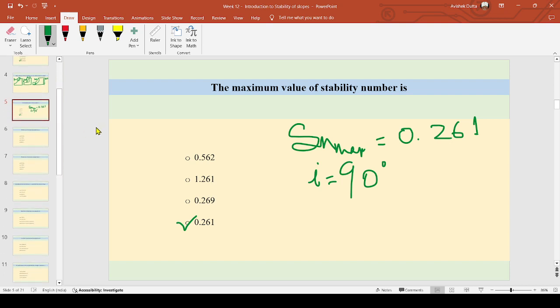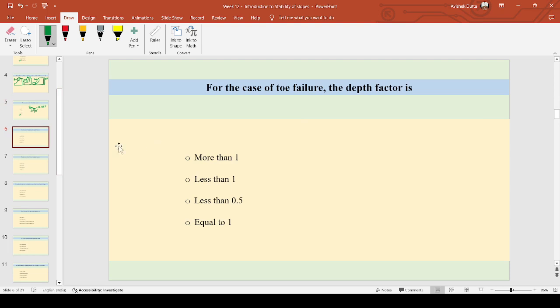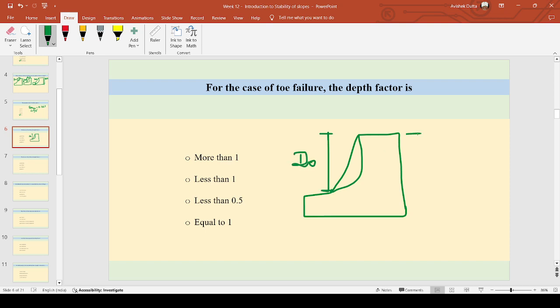I'll go to the next question. For the case of toe failure, the depth factor is. For toe failure, as I mentioned in the previous question, if the depth of failure is D0 and the height of the slope is H, then D0 equals H. And what is depth factor? Depth factor is the depth of failure D0 divided by the height of the slope.